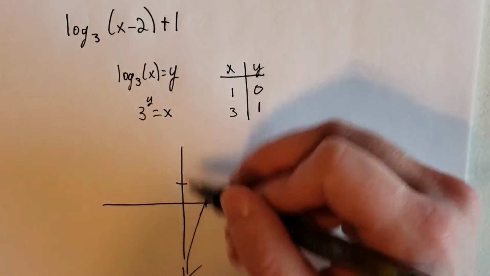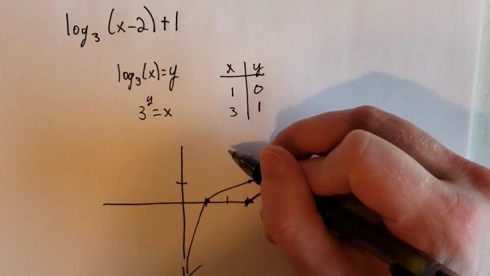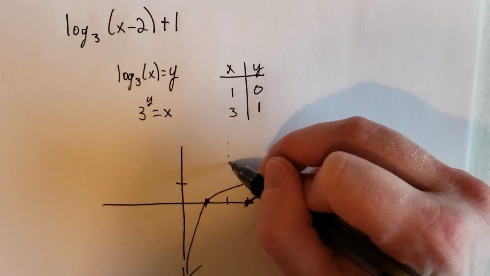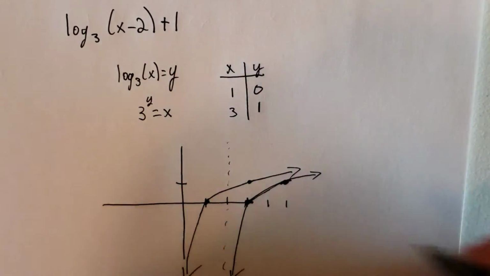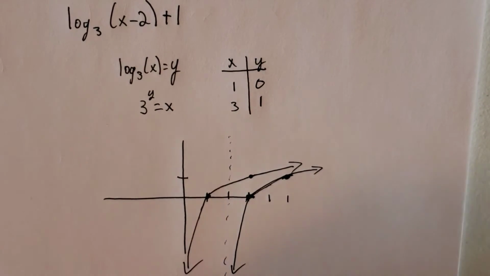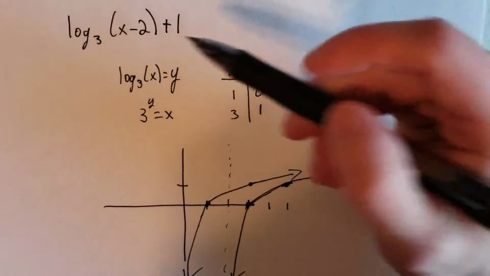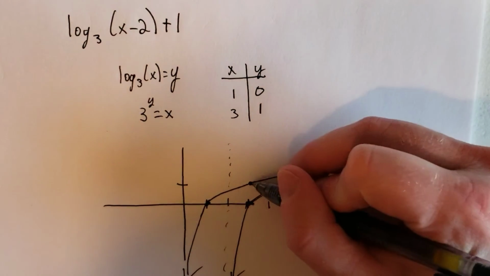Here our vertical asymptote was x equals 0, and now it would be x equals 2. So we'll have that asymptote again. And the last thing to do is to add 1. So we just move everything up 1 unit.